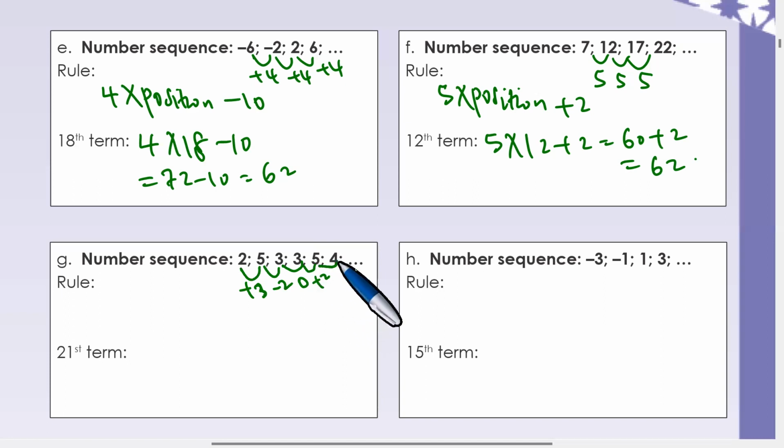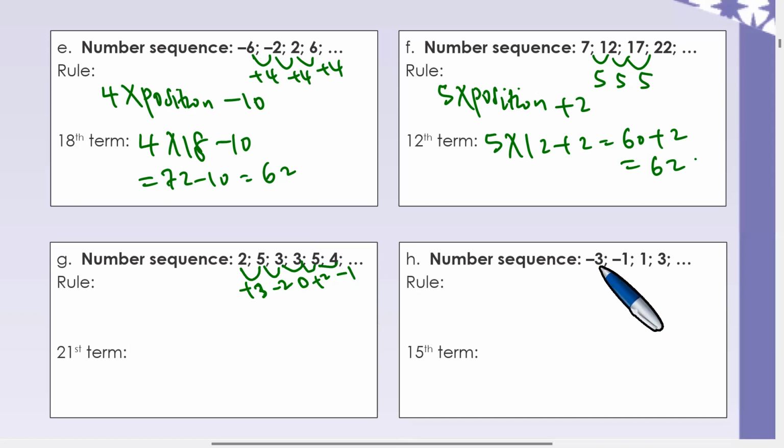And then here we are subtracting 1. Like this. So what is the rule? And therefore, what is the 21st term? Okay, you're going to think about that one.